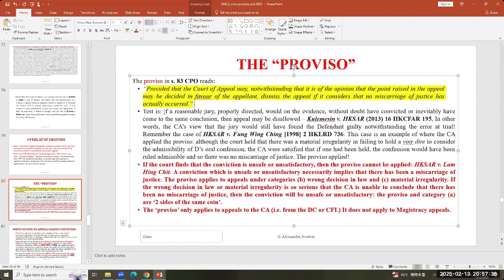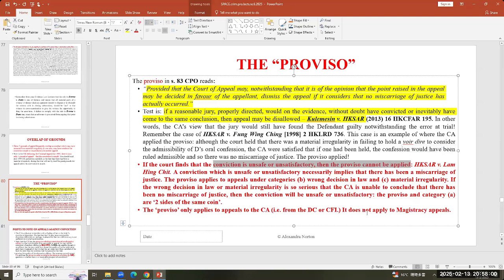And here's the test from the Kulanethan case. If a reasonable jury properly directed would, without doubt, have convicted or inevitably have come to the same conclusion, then the appeal may be disallowed. But remember, if the conviction is unsafe or unsatisfactory, you cannot use the proviso.